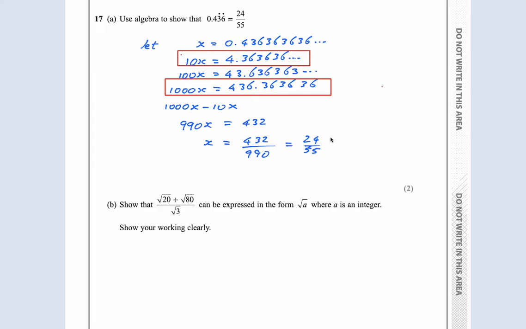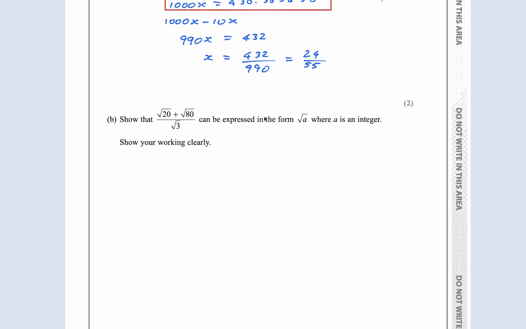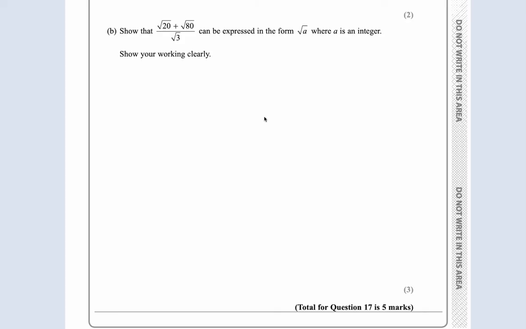Yes, do write that last line. 2 marks, guys, seems a bit harsh for all that working, but c'est la vie, and it is question 17. 17b. Show that this plus this can be expressed in the form root a, where root a is an integer. Show your working clearly. Okay.